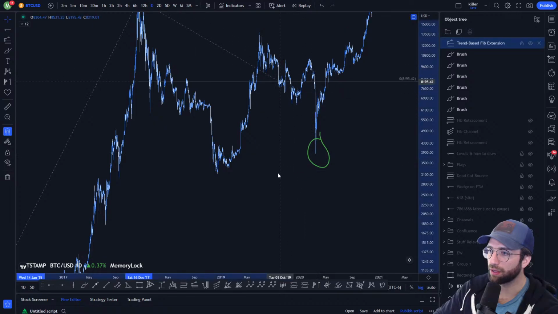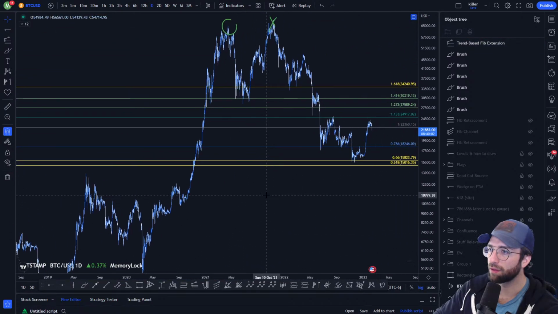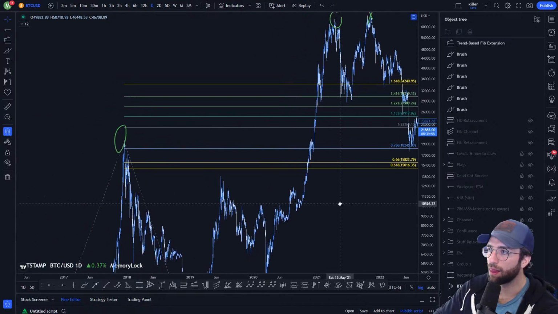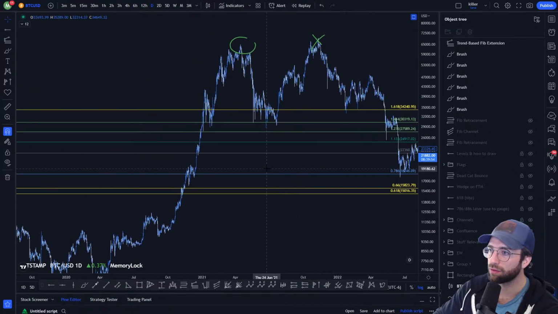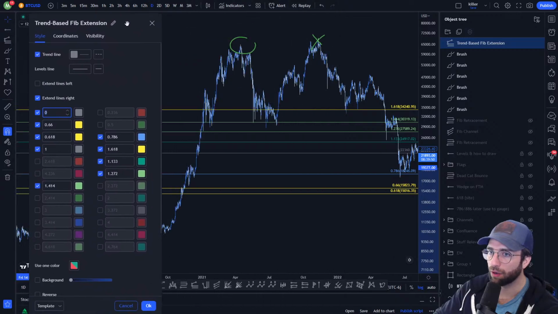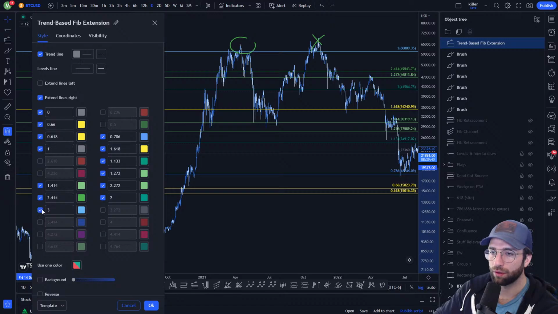And no, this would actually be, let's say, down here. All right, wow, okay. So this would give us areas of resistance. So let's go ahead and add. We're obviously going to want to go higher here. So the 2, the 2.272, the 2.414, 3, and let's get a 3.272.